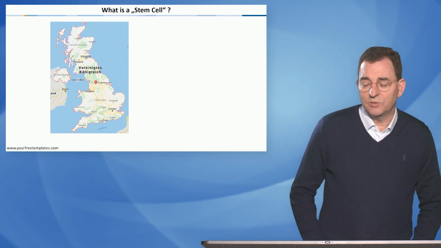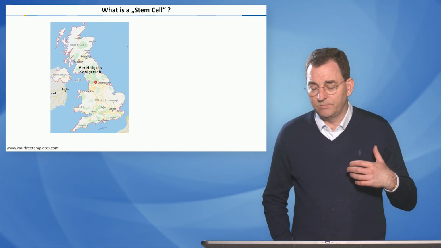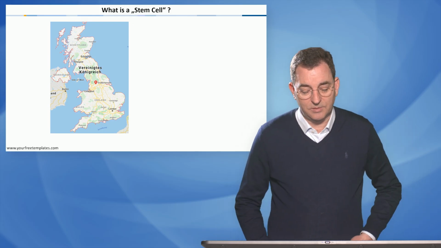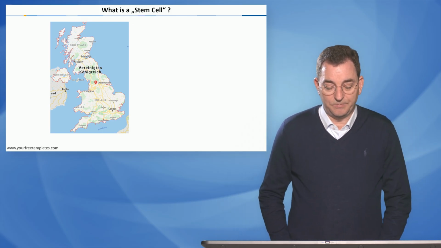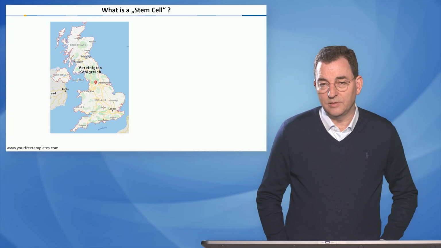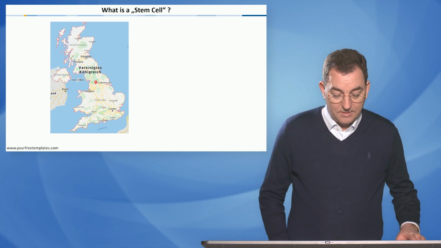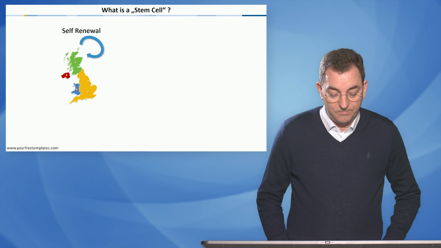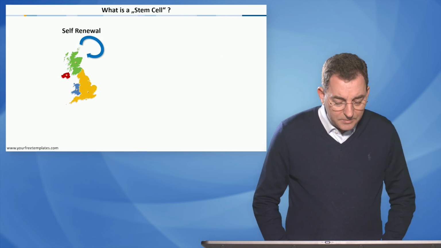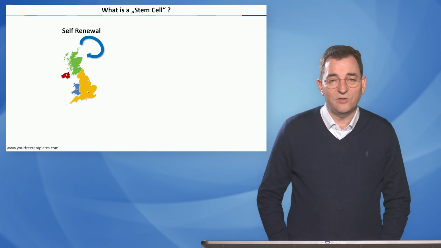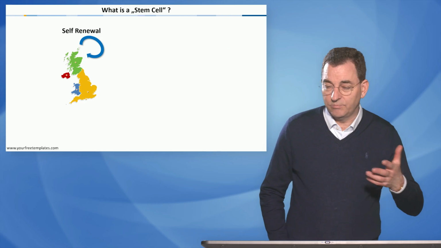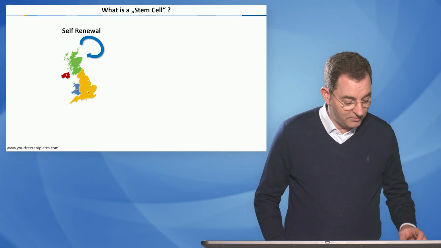So to explain it a little bit more, or more easily, just imagine that the United Kingdom would be a stem cell. That cell can self-renew, it stays what it is. That would be the case like the United Kingdom stays together.